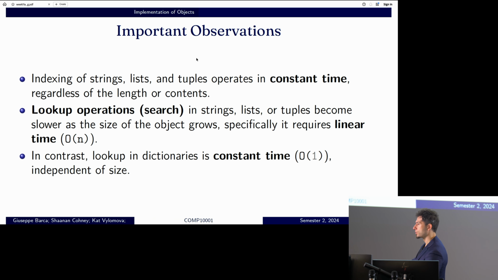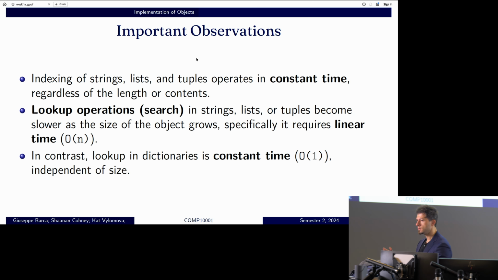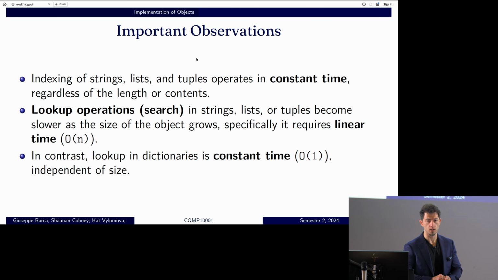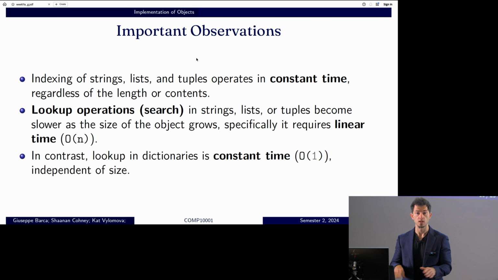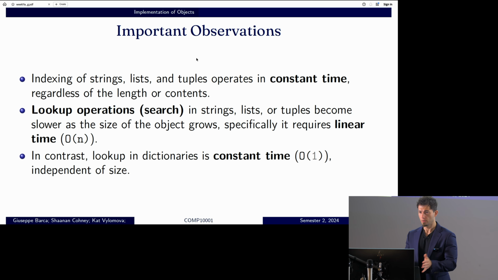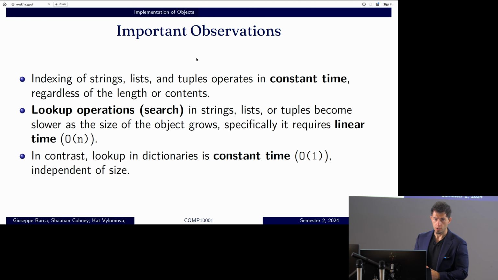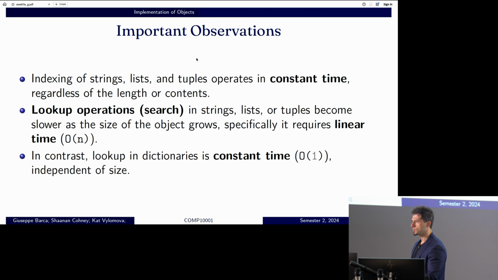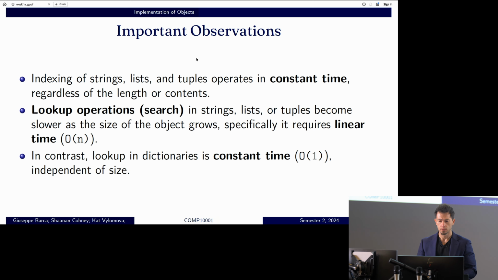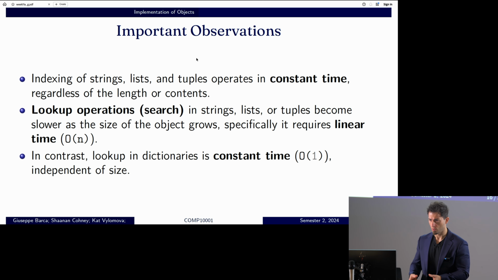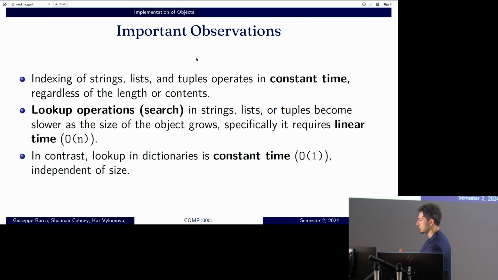So if the iterable grows longer and longer, if I want to access one element using its index, this will take the same amount of time for a short container or for a big one. On the other hand, lookup operations, so searching an element within the iterable, takes linear time. So the time grows as the container grows.